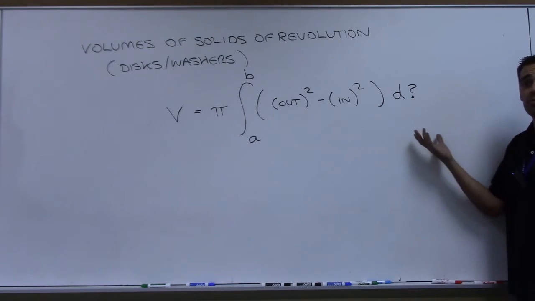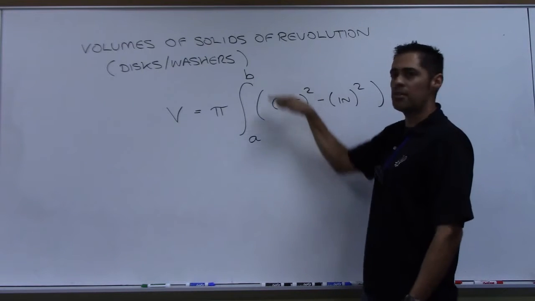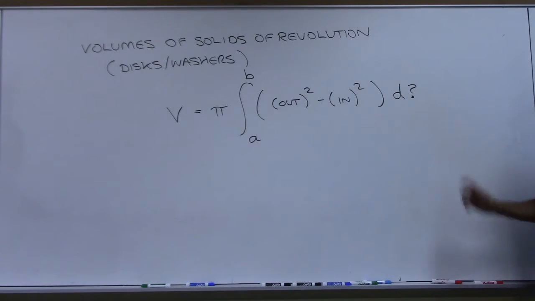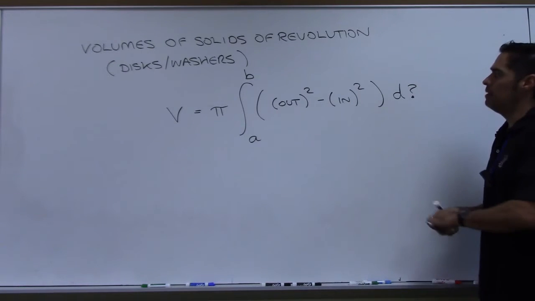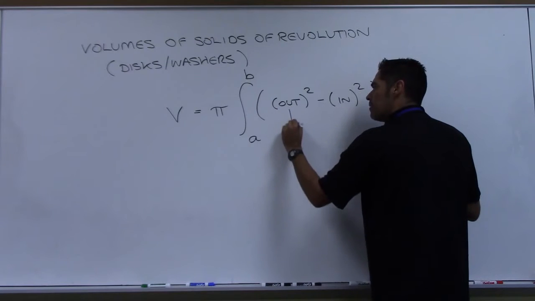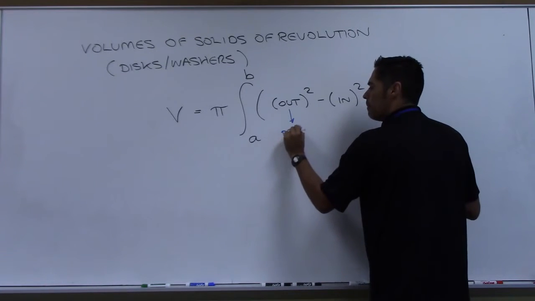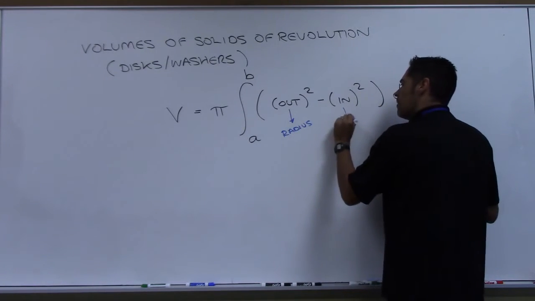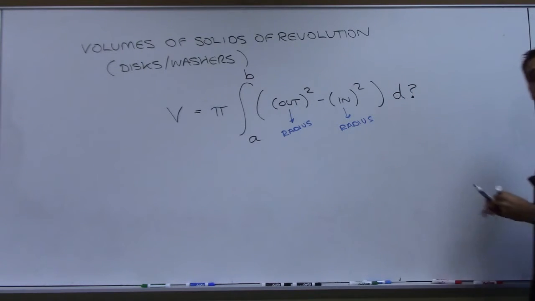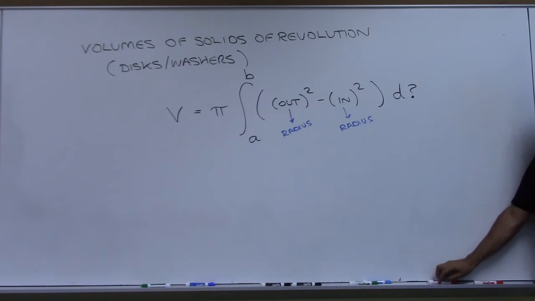And actually this a and b, those could be limits on x or y. So it varies. The most important thing for you to understand is that the general formula always has a pi in it. You always have to find the outer radius, and you always have to find the inner radius. If you can determine that from your picture, you're in business.